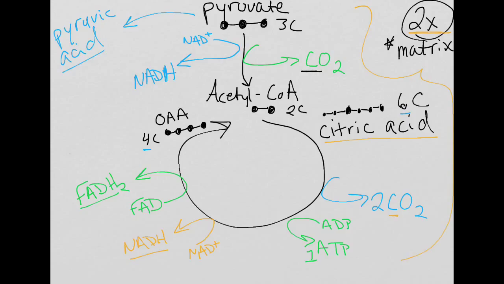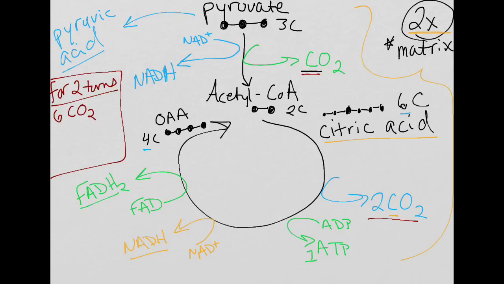So if I quarantine off a little section over here, we need to know that we make 3 carbon dioxide for 1 turn of the cycle, which means for 2 turns, we make 6 carbon dioxide.